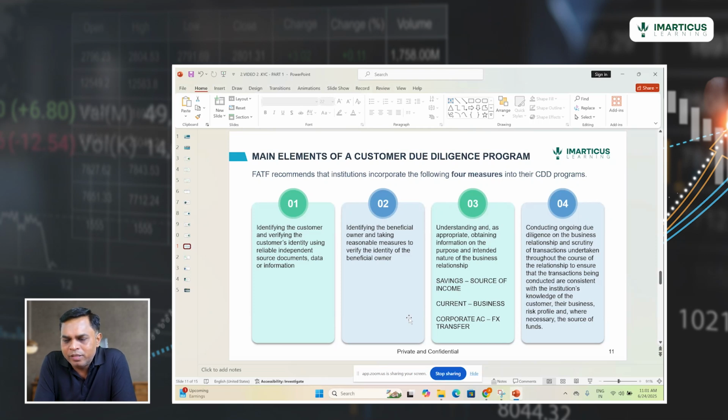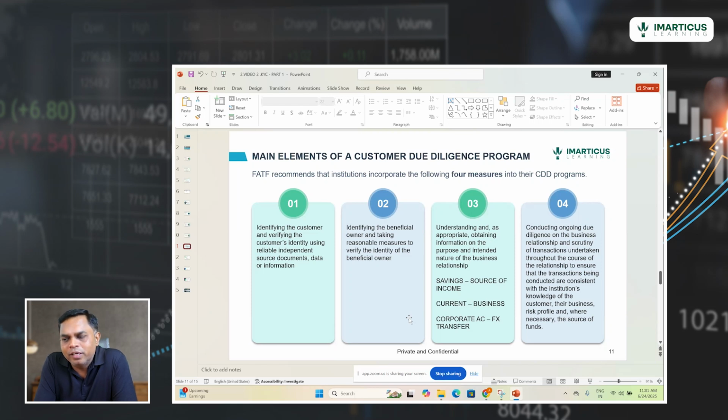The first element is that the customer has to be identified and verified by using independent and reliable documents. The documents collected for identification and verification have to be reliable, and they have to be obtained from independent sources. So that's the first thing FATF recommends.